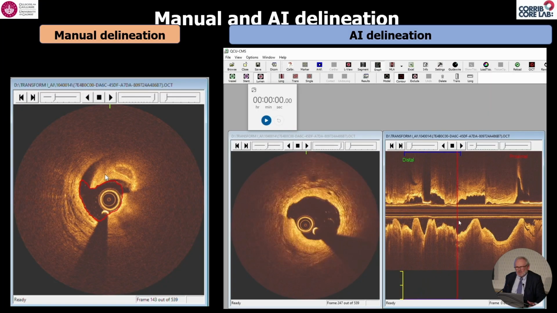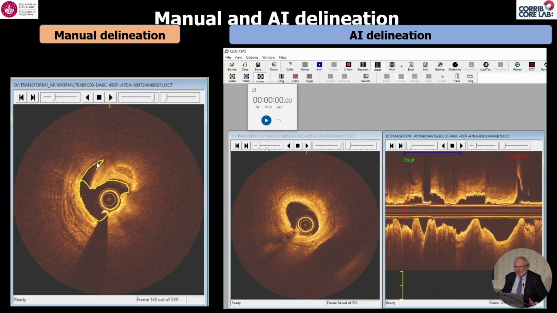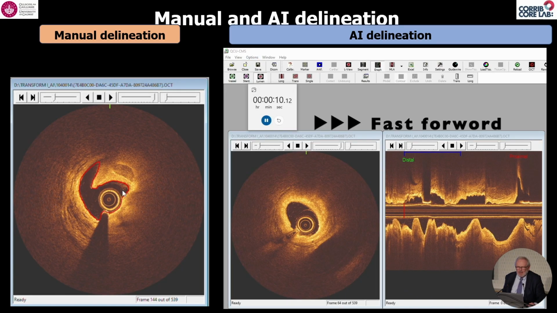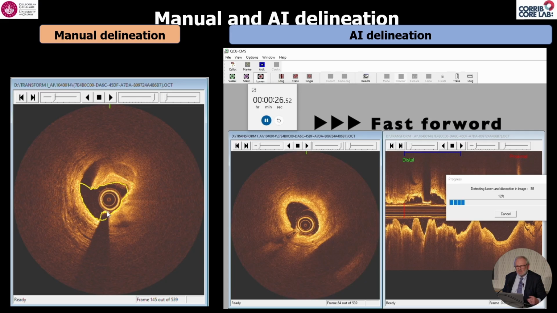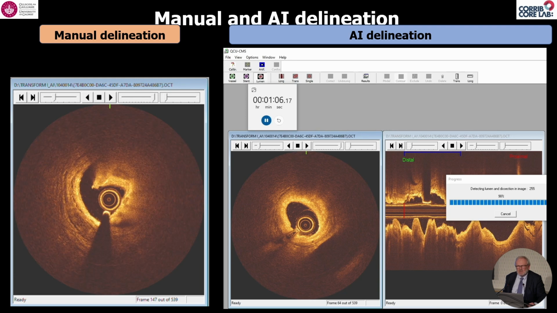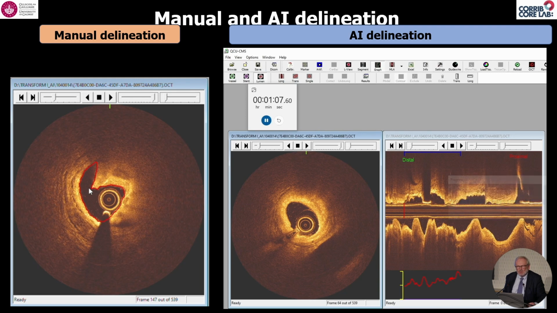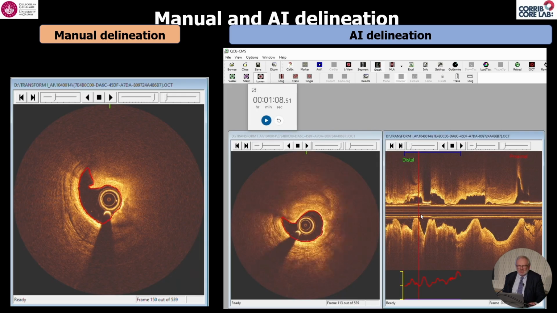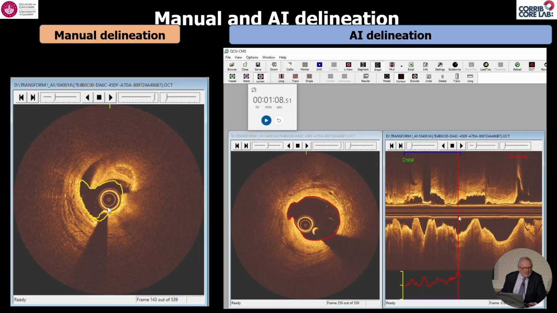What is very important is that we have to quantify that. And it's interesting because if you look on the left-hand side, that's the manual fellow making the contours, and he will take basically 60 minutes to make all these contours because the company, Abbott and others, have not created software to look at something which is different from circular or elliptical.